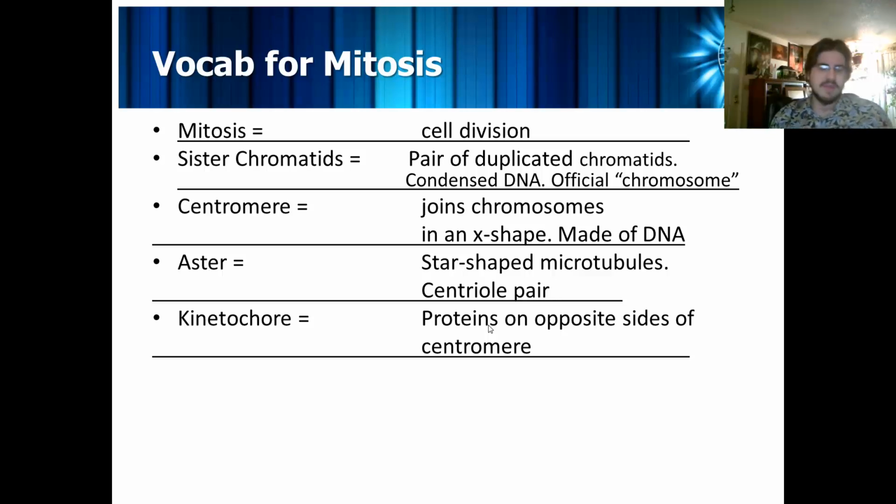So if you think of your chromosome, right, we've got identical sister chromatids, and they're held together in this X shape by a centromere, which is my thumb and forefinger all of a sudden. I'd have little proteins sticking off here and here on either side of the centromere. Bam, that easy.